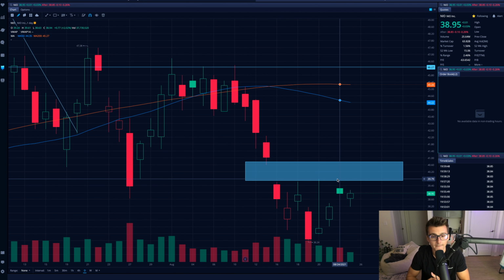So I felt comfortable with those options because I didn't have to worry about getting in and getting out super fast if it did make that move or that gap fill very quick. Whereas in NIO, it could make that move fairly fast because we were talking about a 2.5% move. Fisker, right, that was more of a 10% drawdown, which is a lot. It's not going to just drop 10% in 2 seconds or in 2 minutes or even 5-10 minutes. It's going to take the course of the day. And that's what we saw happen. So I was able to kind of average into my options and then scale out accordingly.